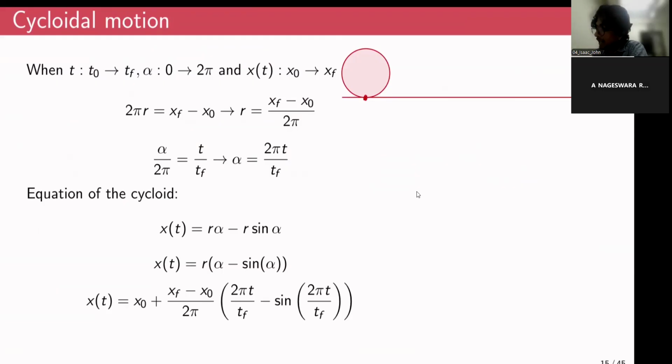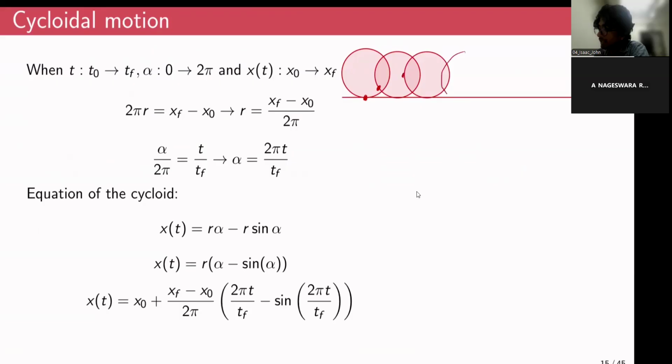and if you consider at initial time, the circle is at this location. And as time progresses, the circle would roll to a different location. It rolls without slipping. So now the new location of this initial point will be somewhere around here. And at a different instance, at a different time, it would be somewhere around here.